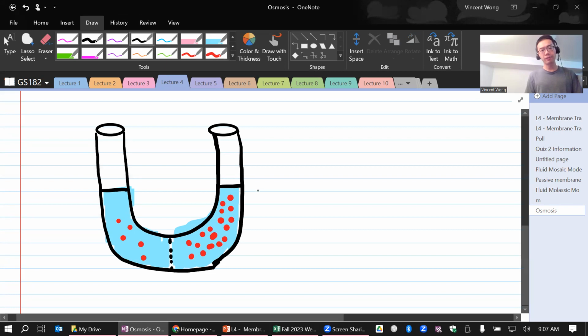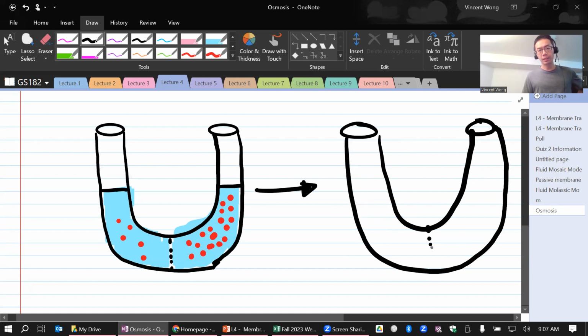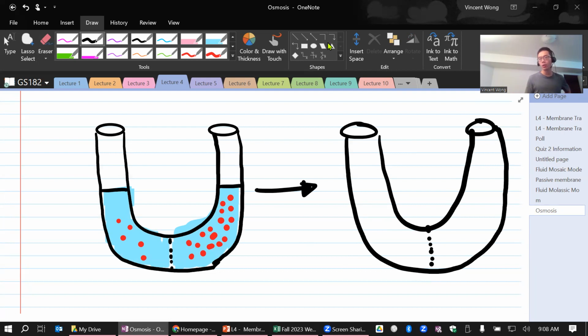Okay, so what's going to happen afterwards? Based on what we have been discussing, the barrier will not allow the red circles to move, and the only thing that will be able to move is the water.